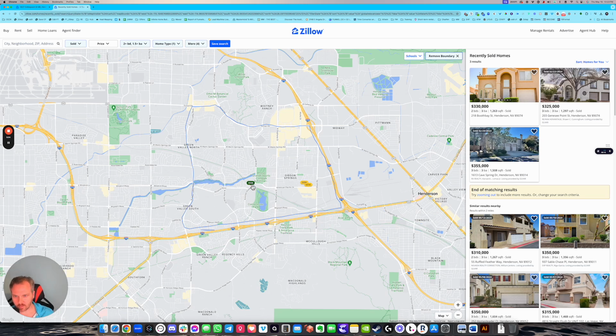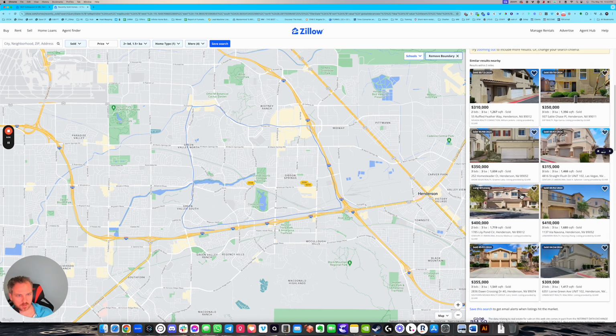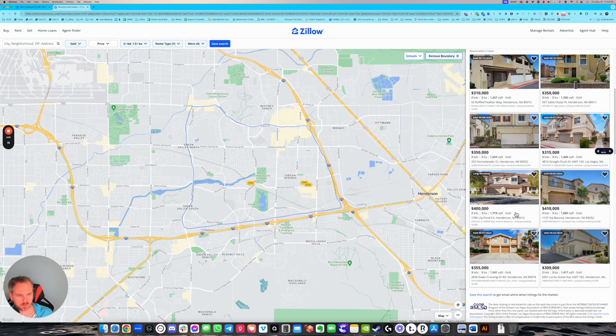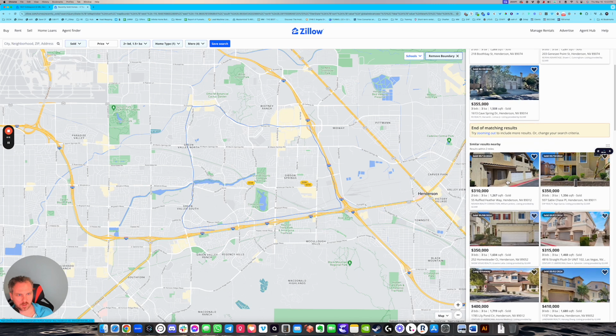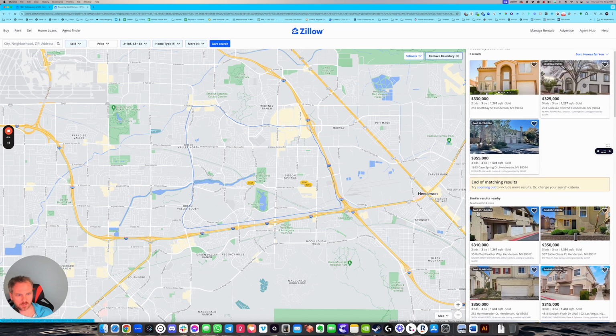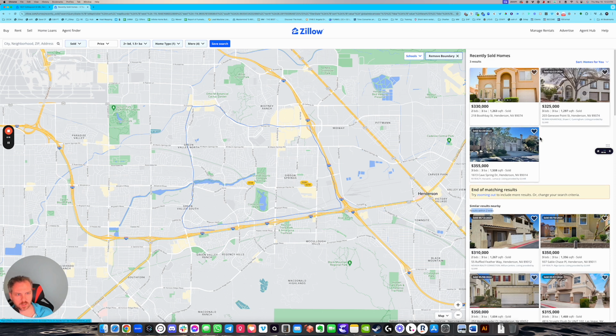But right now we have 3 houses that have sold recently that are within our parameters, so to speak. It looks like possibly a couple extra down here as well, but we're not going to look at those. So these 3 right here.